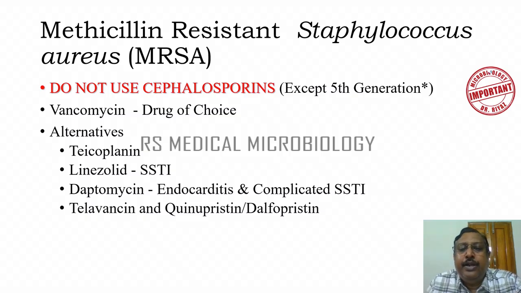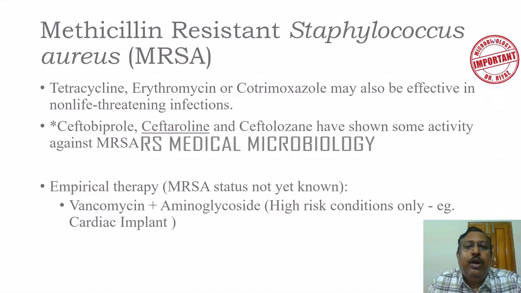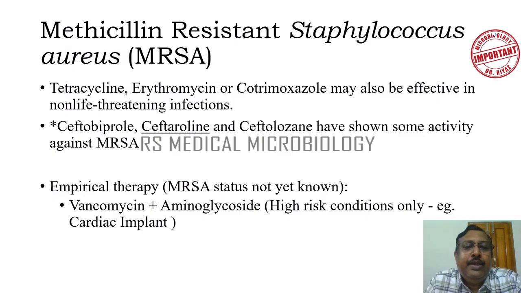If it's an endocarditis or complicated skin and soft tissue infection, think of daptomycin or telavancin and quinupristin, dalfopristin. Now, for MRSA, you can also think of antibiotics like tetracycline, erythromycin, or cotrimoxazole when there is not a life-threatening infection.